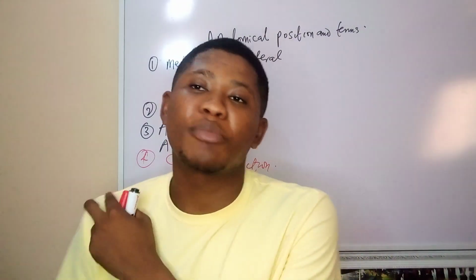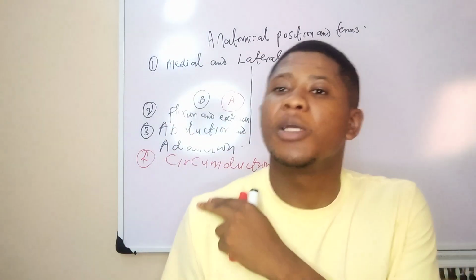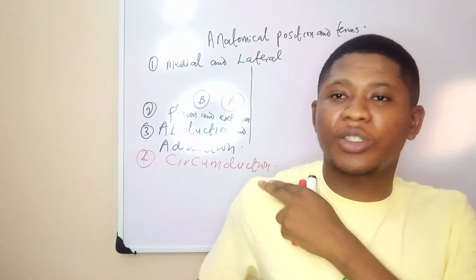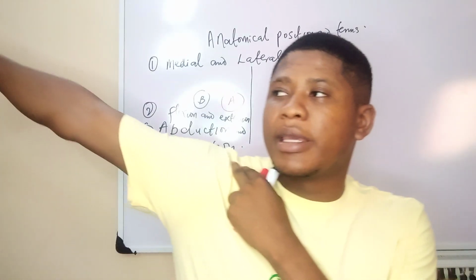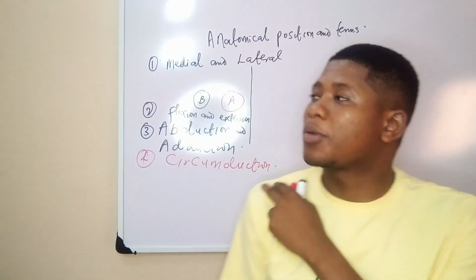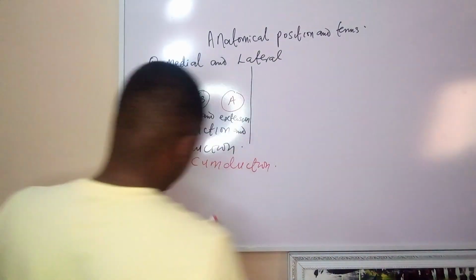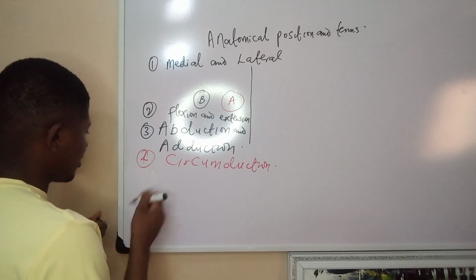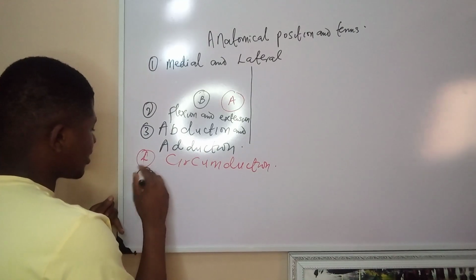It's basically at the hip joint and the shoulder joint. So this is flexion, this is extension, this is abduction, this is adduction, so this is circumduction.